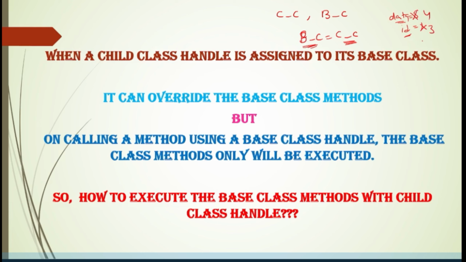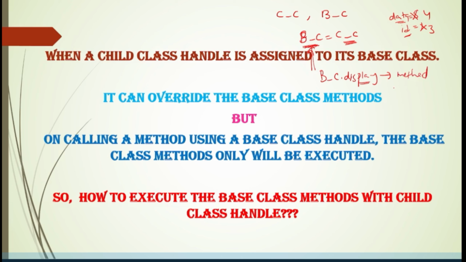They can be overridden, but my point is, even though they are overridden, on calling the method using the base class handle, like bc.display, considering the method as display, whatever method is there in my base class is only executed.